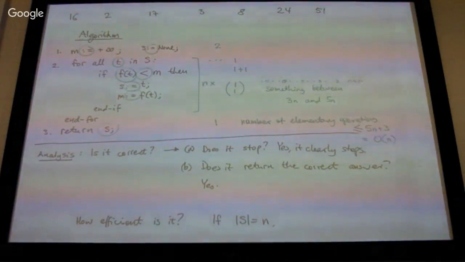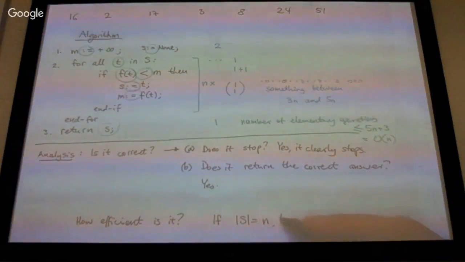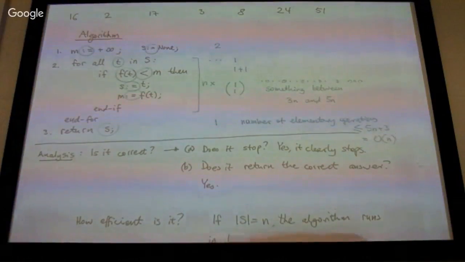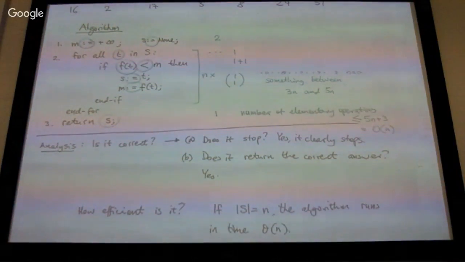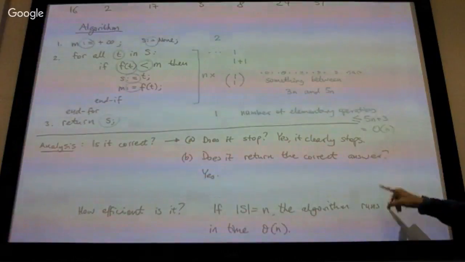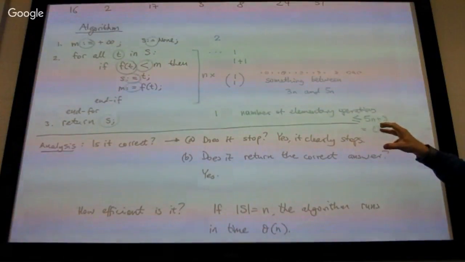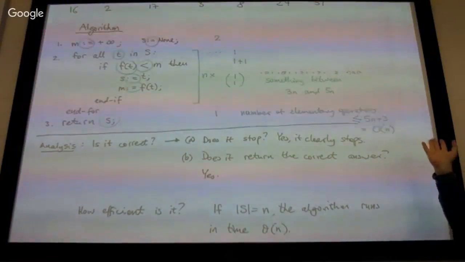Finish the sentence: the algorithm runs in O of n. So that's an example of how you do the O thing, because you don't want to get into too much detail about whether it's 3n, 5n, 7n, it doesn't really matter.